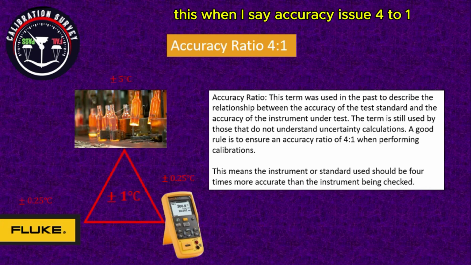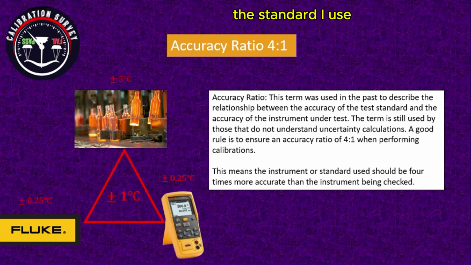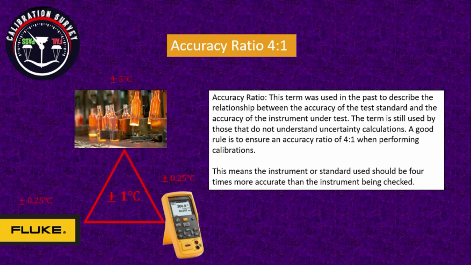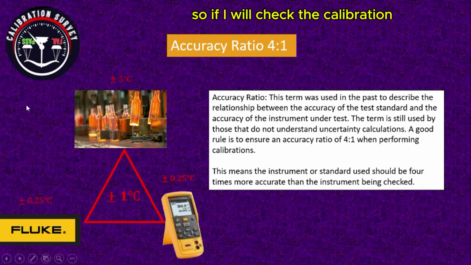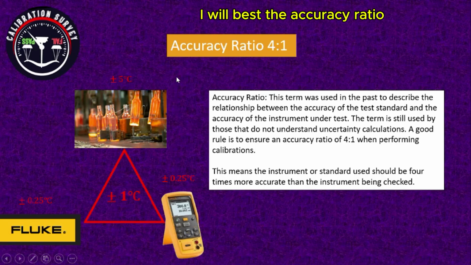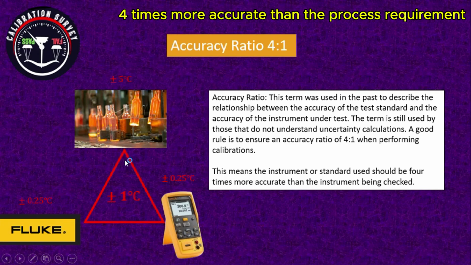When I say accuracy ratio of 4:1, this means that the instrument or the standard I use in the calibration should be 4 times more accurate than the instrument being checked. So if I check the calibration tolerance and the process requirements, I will pass the accuracy ratio. It will be 4 times more accurate than the process requirement.